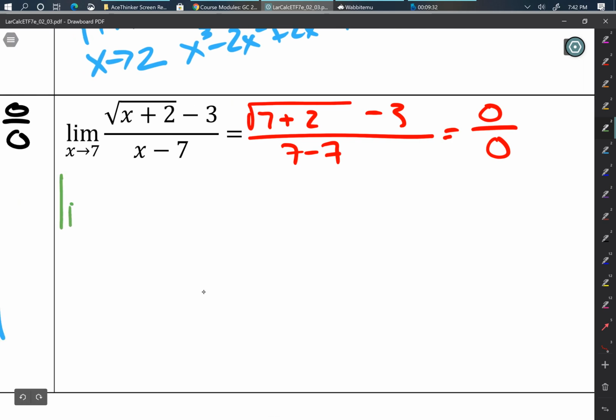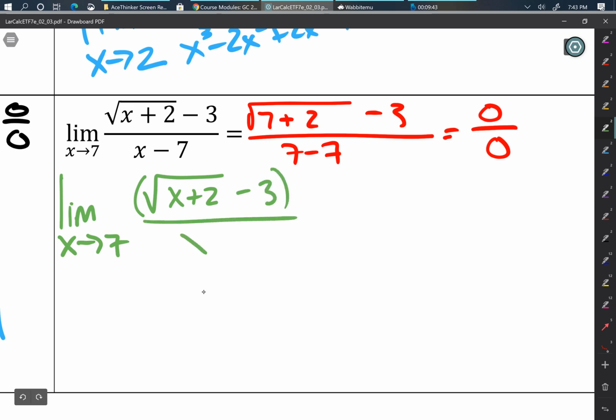So then this becomes the limit as x approaches 7 of the square root of x plus 2 minus 3 over x minus 7. We're going to rationalize by multiplying by the conjugate of the numerator.